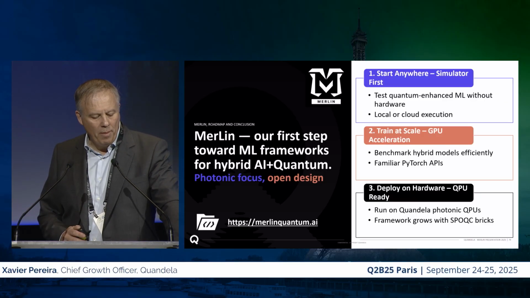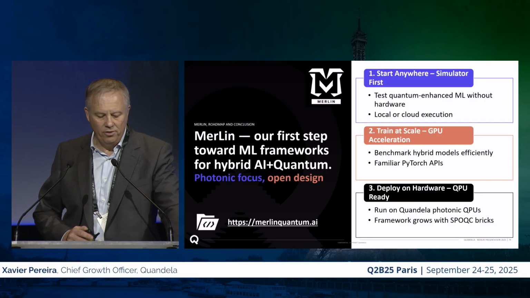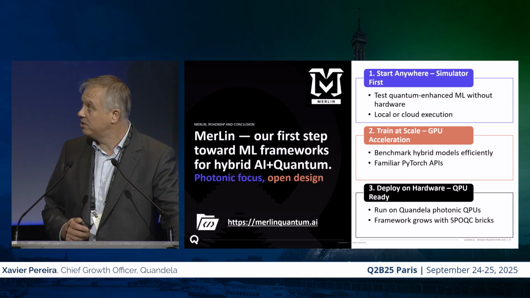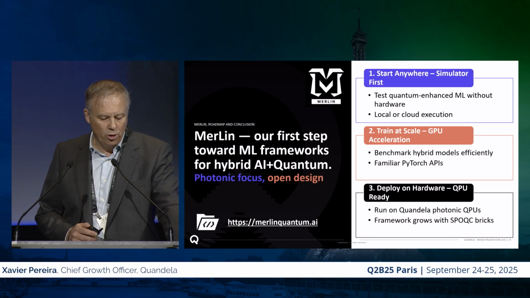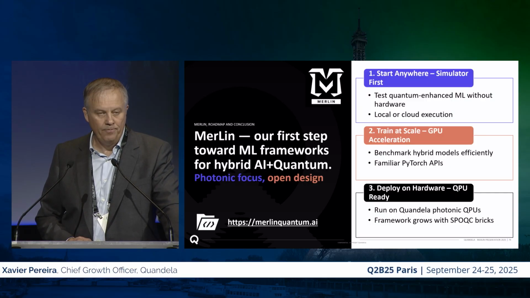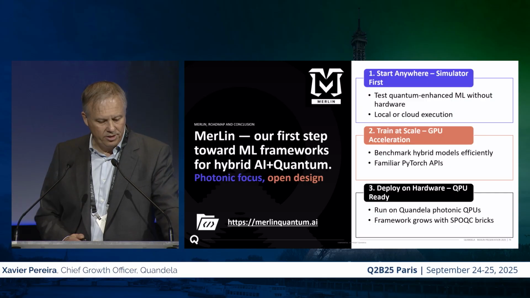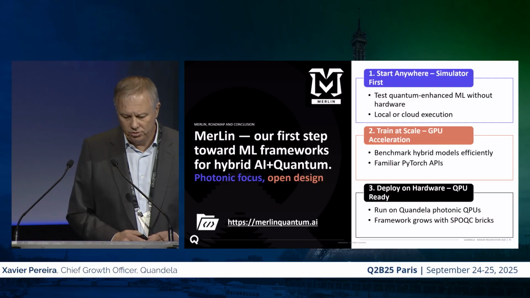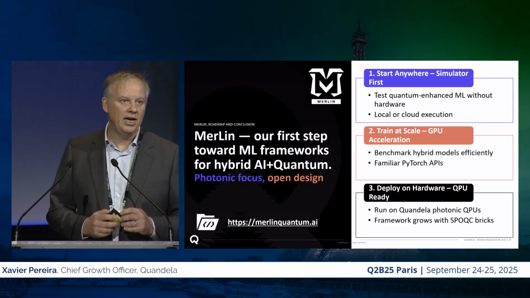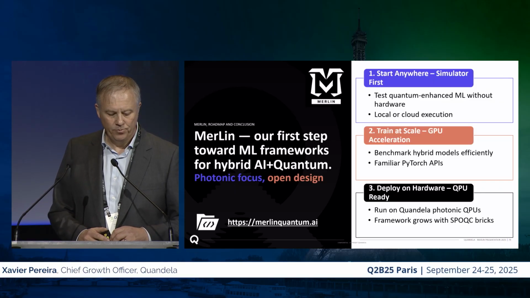To detail a bit more about MerLin, it's really our first step towards a systematic framework for QML. It's designed to be accessible for AI researchers. No need to know quantum in detail with this platform. Step one, you can start anywhere on simulators, locally or in the cloud, and validate reproducibility.